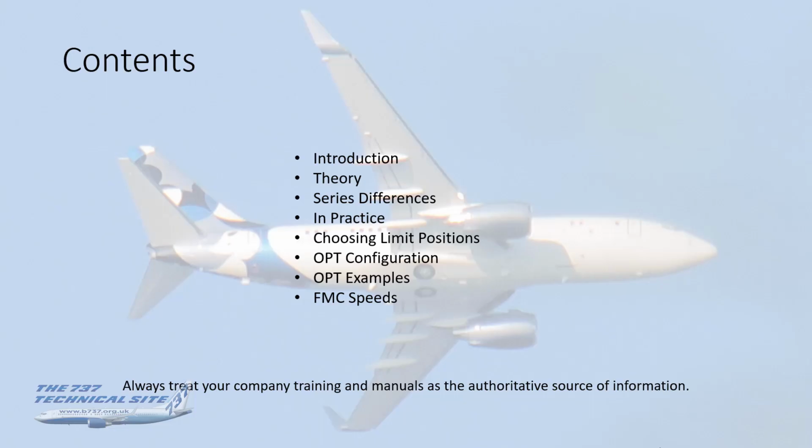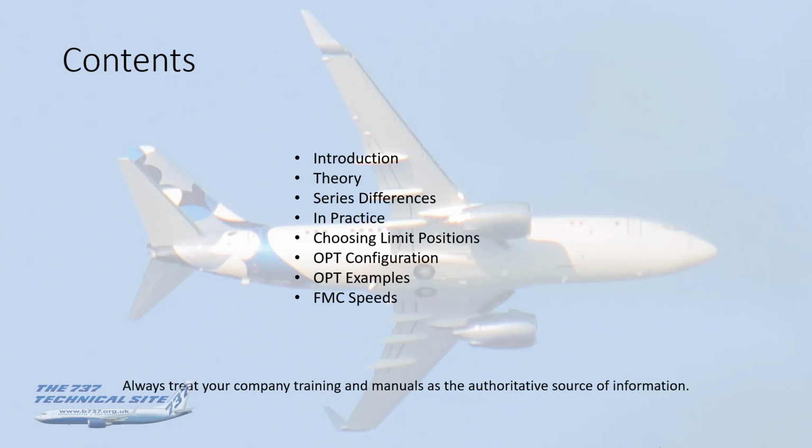I'll start with a quick introduction into what this option's all about, then go into a little bit of theory, and then on to series differences, particularly short and long-bodied aircraft differences. A look at how it's used in practice.